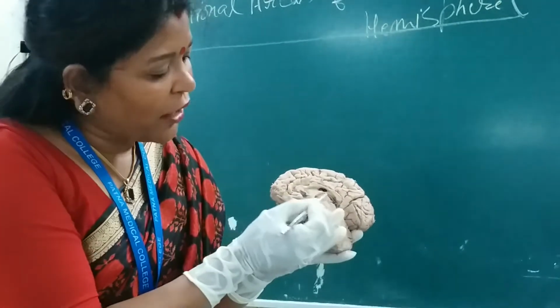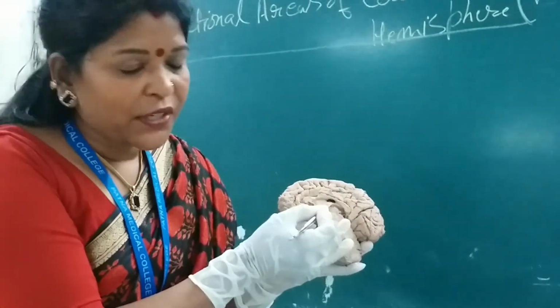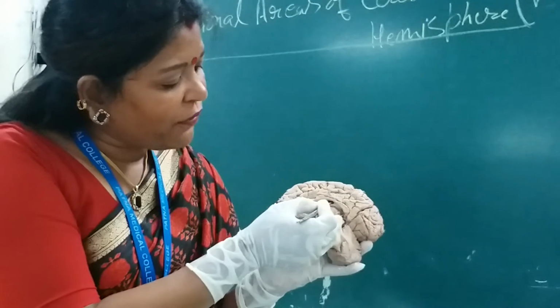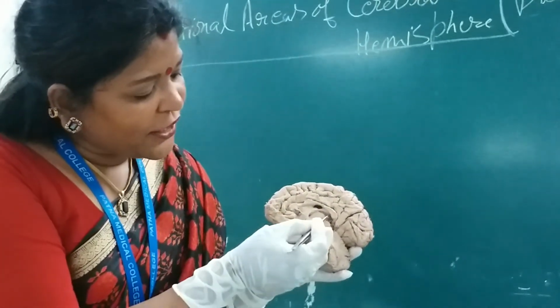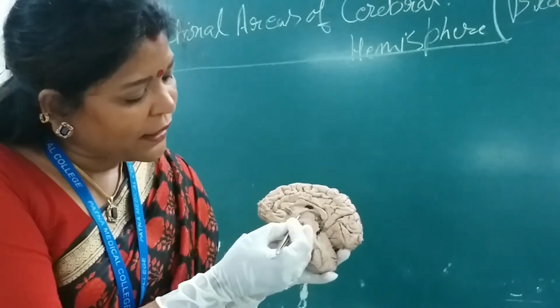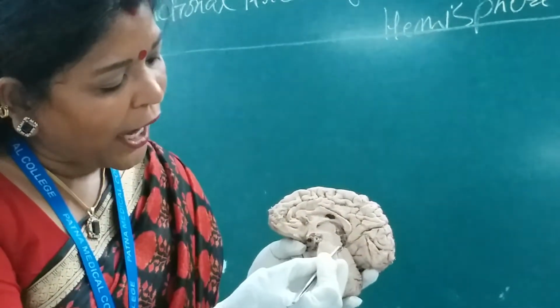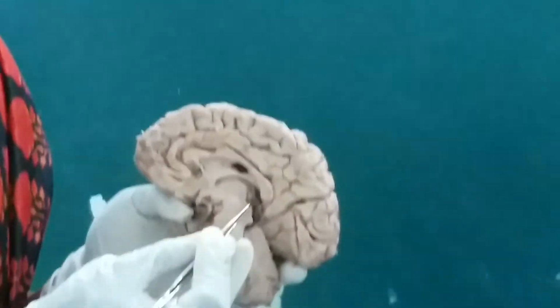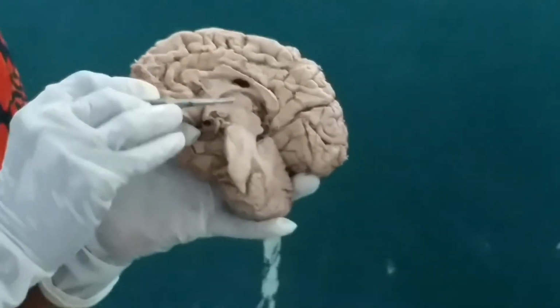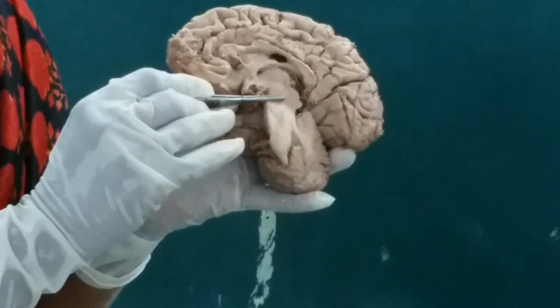Fornix is a structure made of efferent fibers. It is a C-shaped structure, and this is the thalamus, and here it is the hypothalamus, and this is the hypothalamic sulcus.